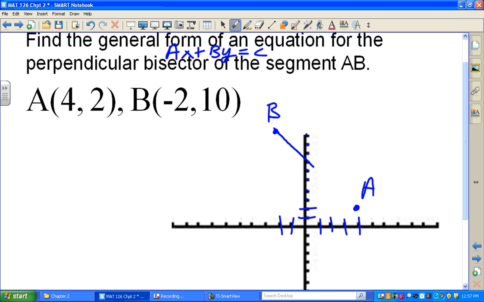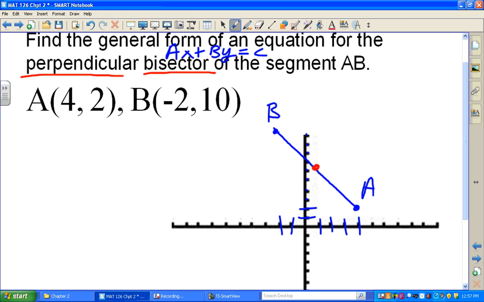Oh, I remember. Perpendicular bisector conjures up two pieces of information, doesn't it? The bisector means what? Right. And we use our geometric term midpoint for that.